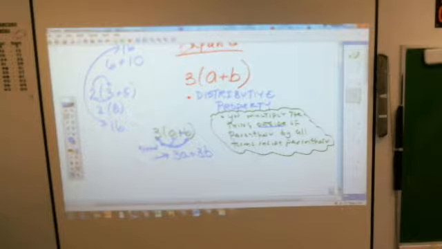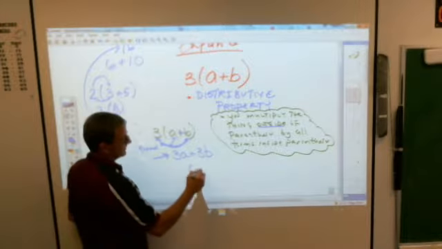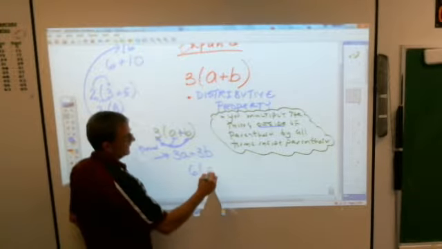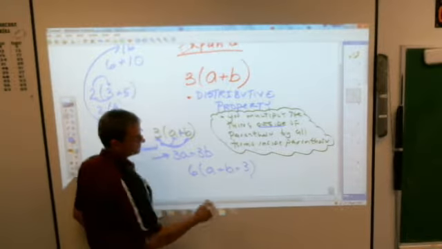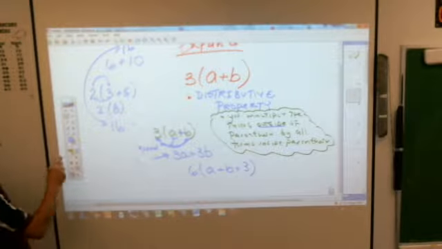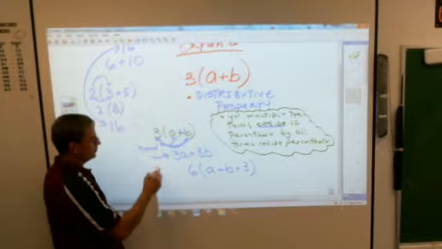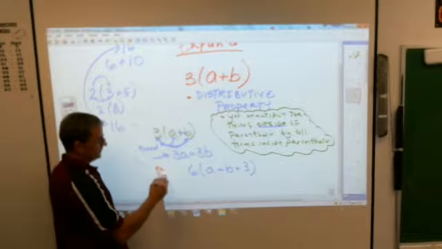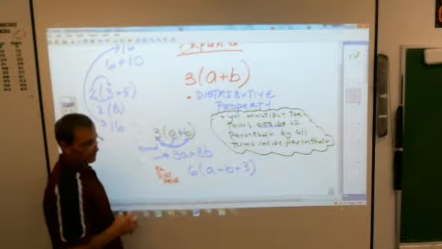You could have any amount of things in the parentheses. How about this? What if I had 6 times in parentheses A plus B plus 3? The only way to do anything with this is to expand or use the distributive property. This is what it would look like.